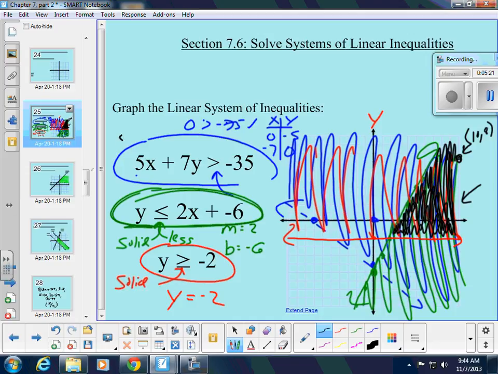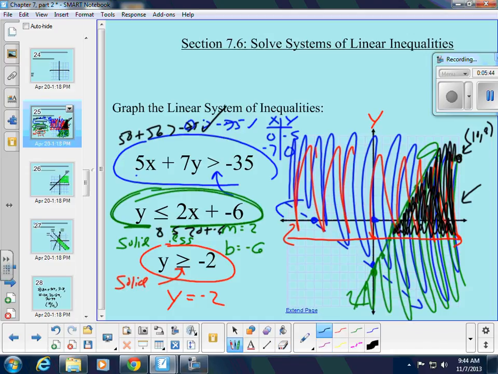So 5 times 10 would be 50, plus 7 times 8, which would be 56. Yeah, I think that's going to be greater than or equal to negative 35. So it's going to check out for that one. Plug it into the second one. 10 times 2 gives me 20, plus negative 6. That's going to be 14. And I should say 8 is going to be plugged in here for y.